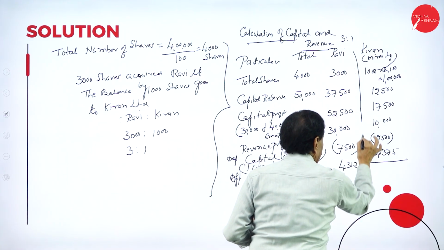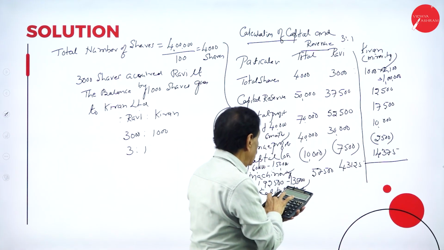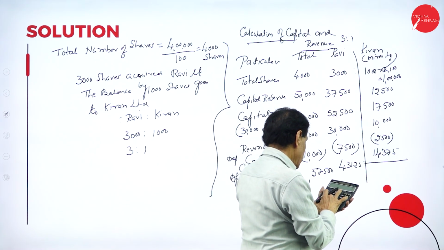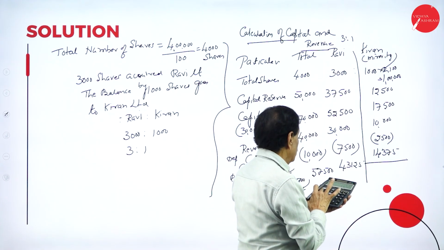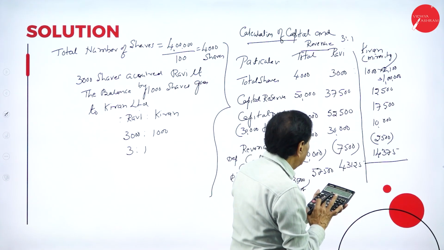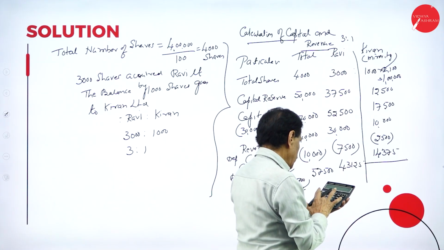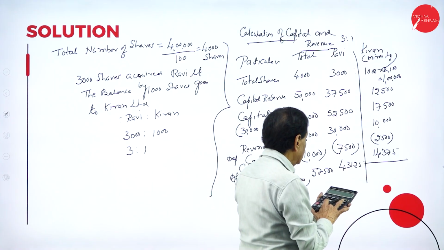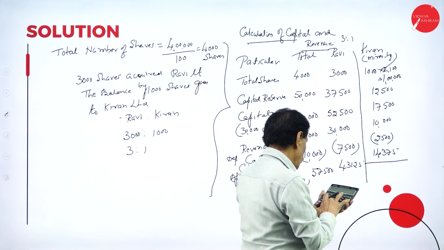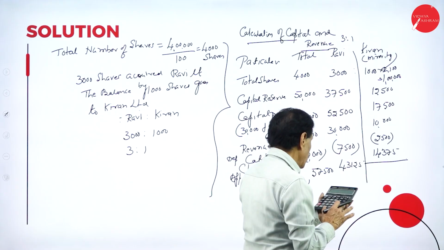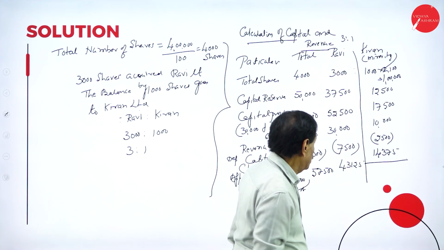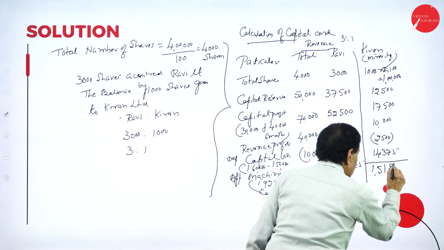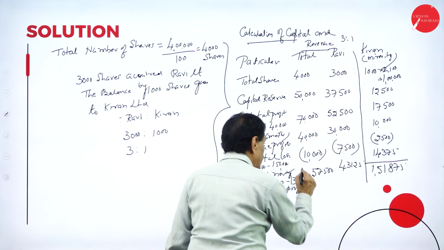This is your minority: 1 lakh plus 12,500 plus 17,500 plus 10,000 minus 2,500 plus 14,375. That is 1,51,875, minority interest.